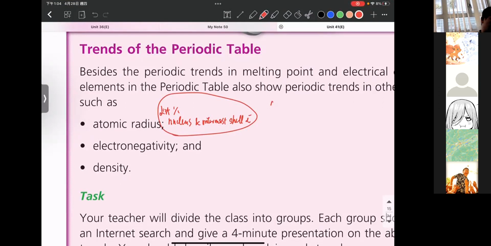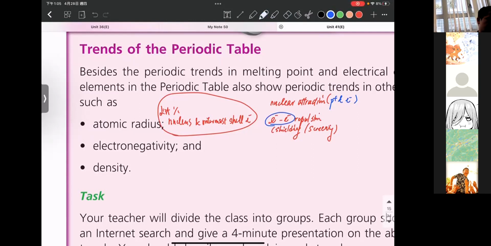We will call that nuclear attraction. The other one is electron repulsion, or we call it shielding, or we call that screening. Nuclear attraction is a positive and negative interaction, but for this we mainly focus on the negative.